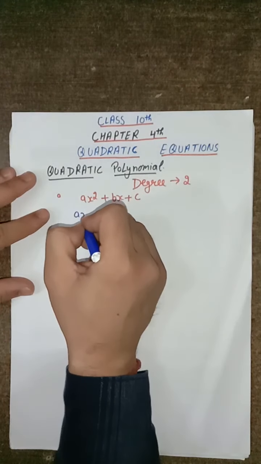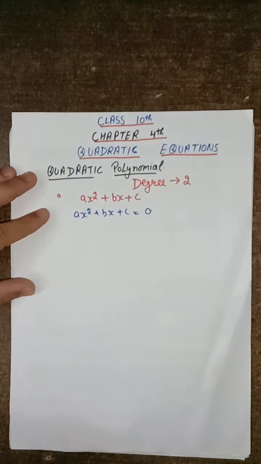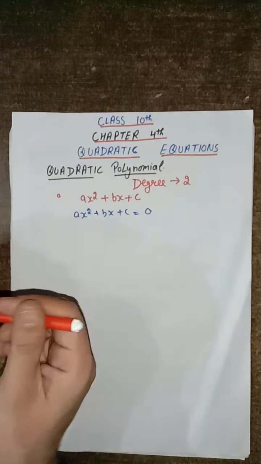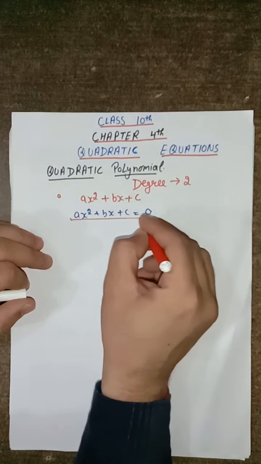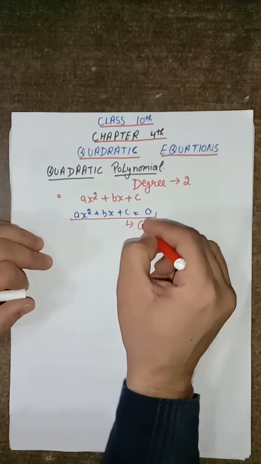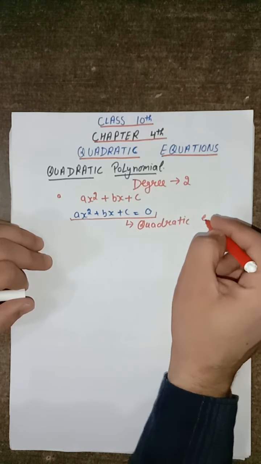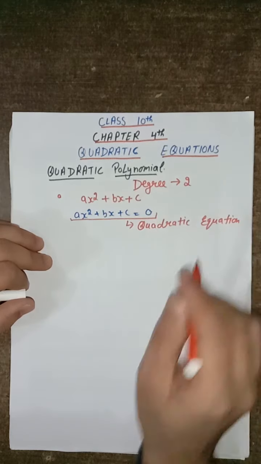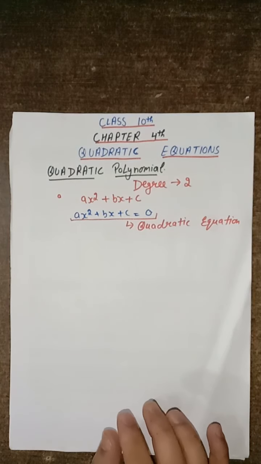The difference is when we put this quadratic polynomial equal to 0, then it becomes a quadratic equation. Now ax squared plus bx plus c equals 0 is not a quadratic polynomial. This is a quadratic equation. This is the general form of a quadratic equation, and its degree will be 2.